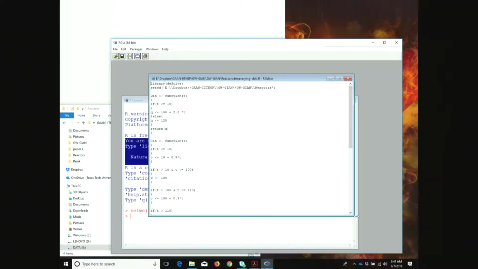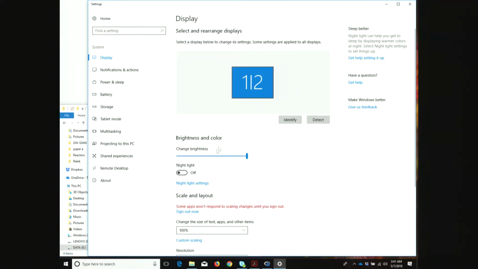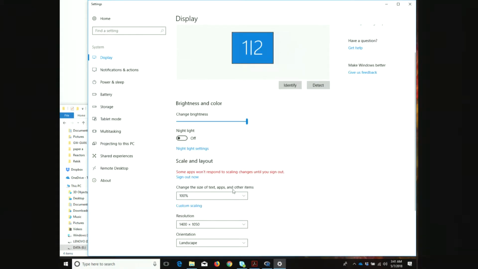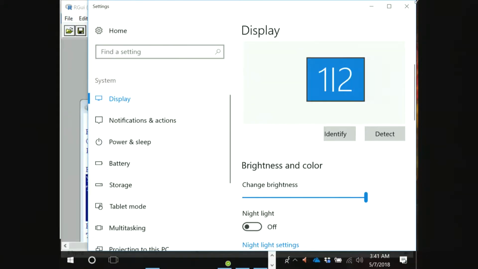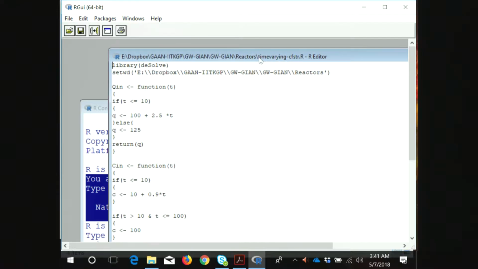Yeah, other option, right? But if I go to display settings, yeah, there, slightly better.